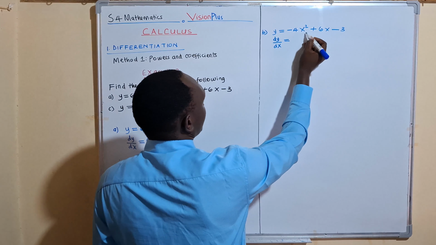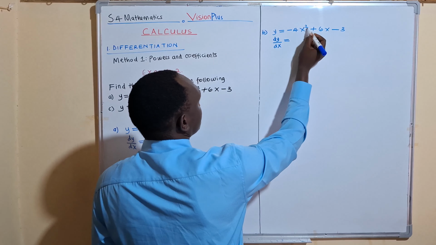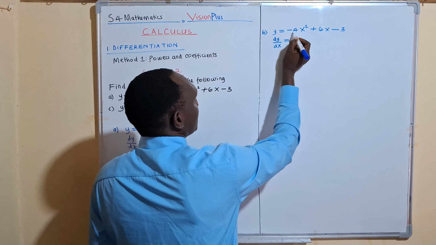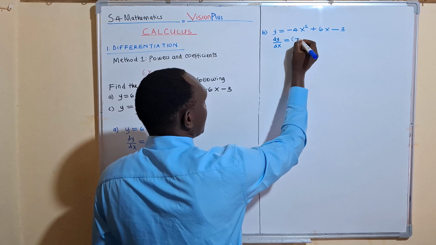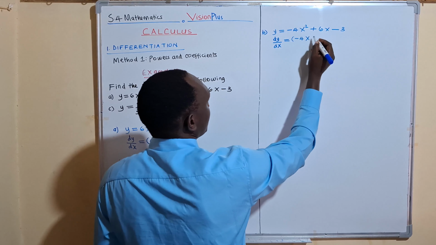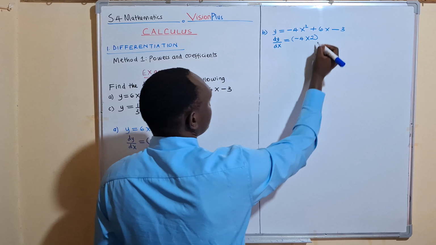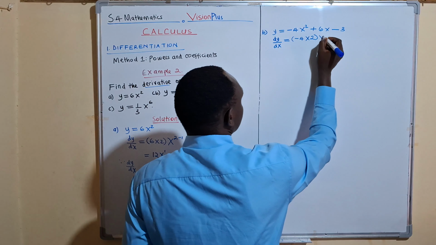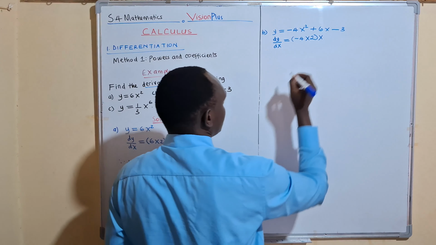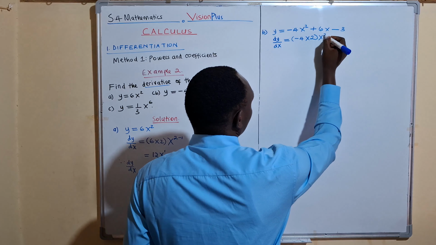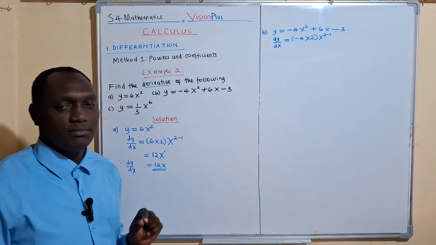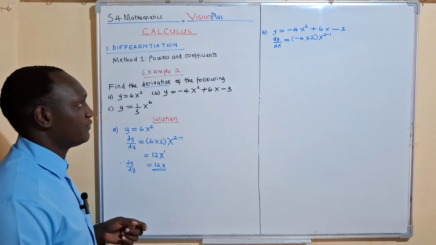So for the first term here, we lower the power of x, which is 2. X already has a coefficient of negative 4. So we shall say that negative 4 times the power that we shall lower, that is times 2. Then we attach x. Now we need a new power of x. For us to get the new power of x, we simply say it is 2 minus 1. We subtract 1 from the whole power of x.